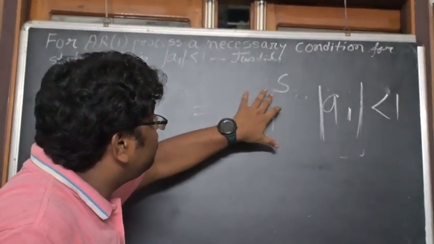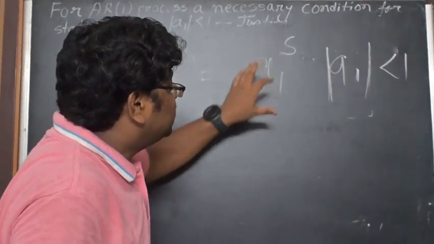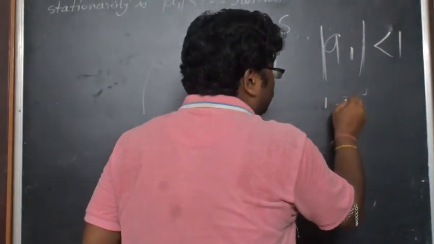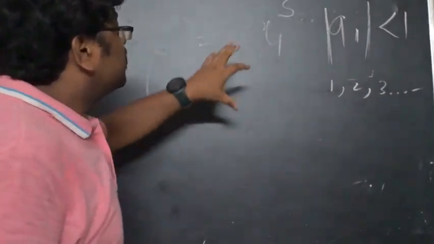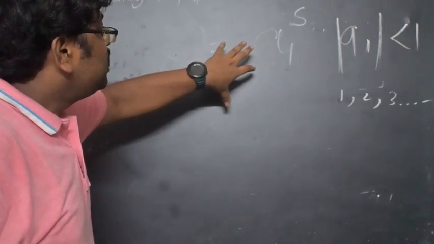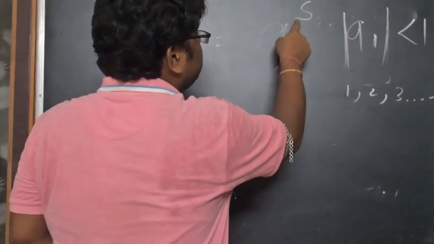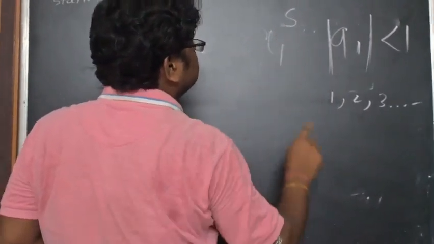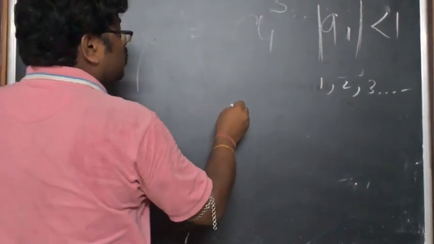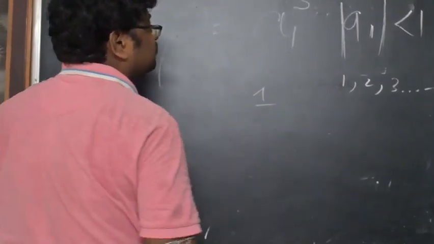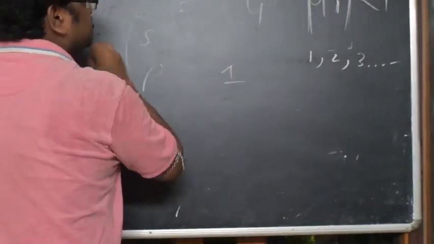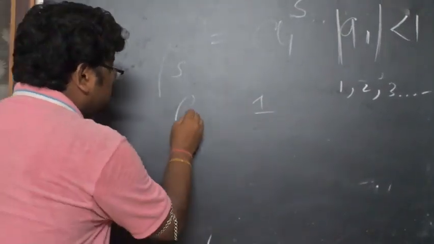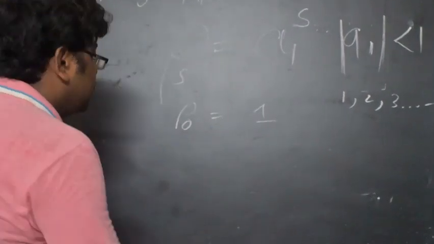If the power s is 0, then it will be 1, so rho 0 equals 1.